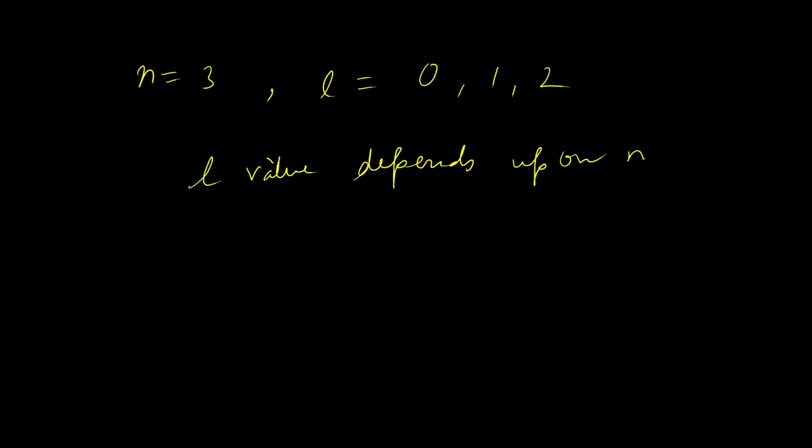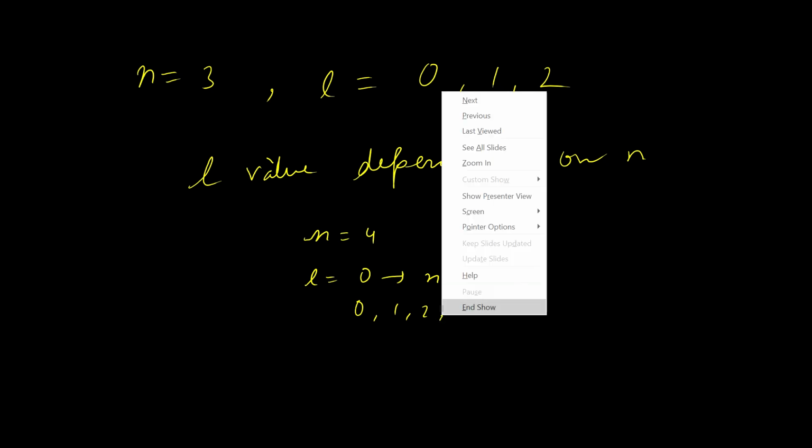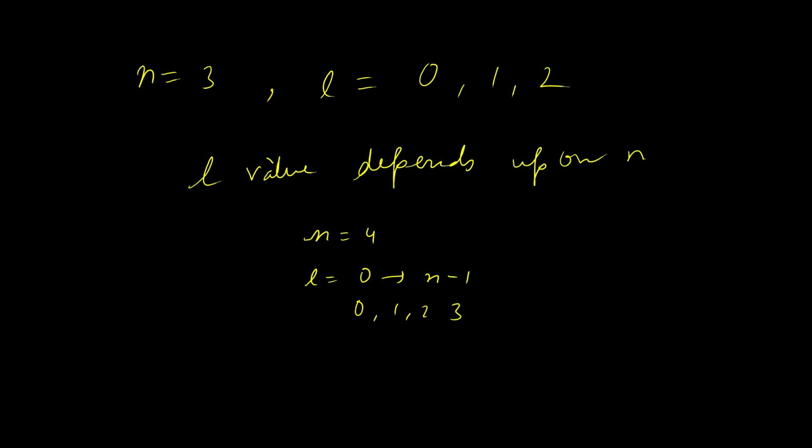For n equal to 4, l is 0 to n minus 1, so 0, 1, 2 and also 3. Here n is equal to 3 means 0, 1, 2, and here n is equal to 4 means 0, 1, 2, 3.